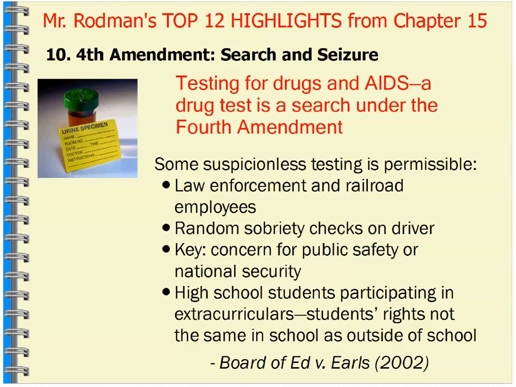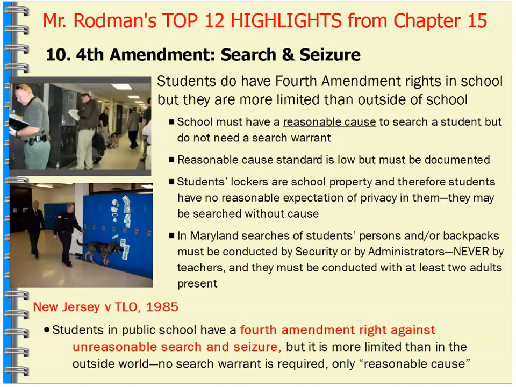But the Supreme Court has upheld the cases in which the law has gone in and had some type of reasonable suspicion for testing, and the court has maintained that. A good example is the random sobriety checks that we see, checkpoints on New Year's Eve or that sort of thing, as well as sporting events. We see this in collegiate and professional sports as well.